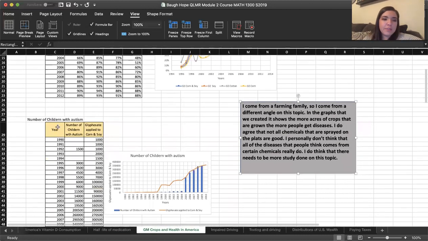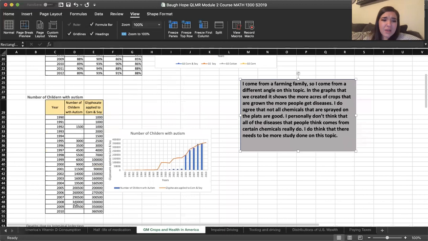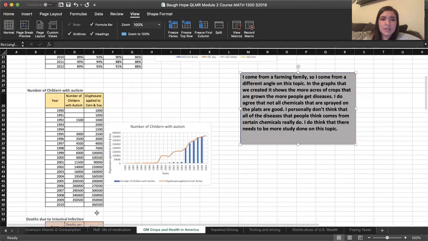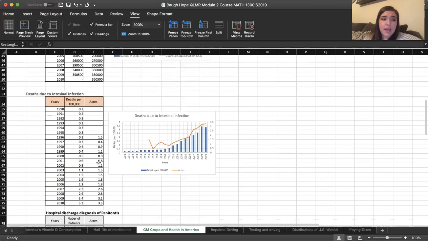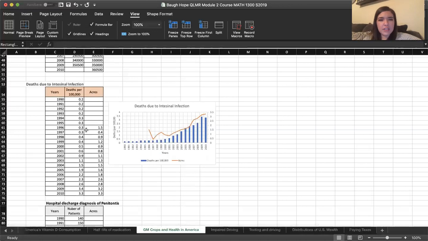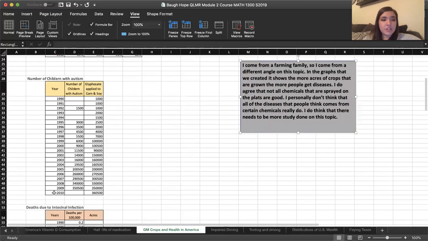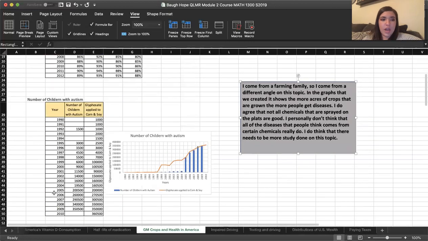So the number of children here only goes up to 2010, and then the deaths due to the infection. These graphs were a little hard to copy, so I hope I got everything right. As you can see, from 1990 to 2010, each of these graphs have the same years for the most part.